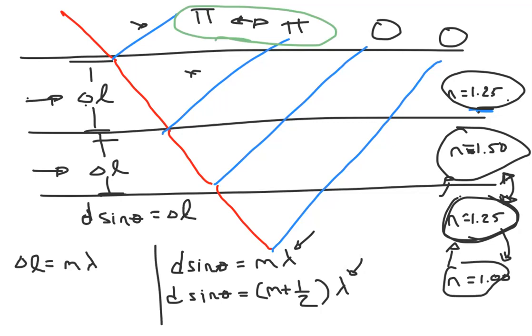It is wavelength, but it's something more than that. Wavelength of what? And it's very specific, just like everything else in physics, right?